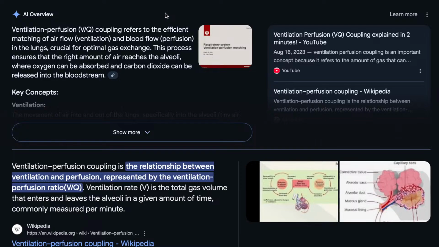Like, for example, let's say you were getting good ventilation, but you didn't have good perfusion. You would not have a lot of oxygen. You would get hypoxia. But if you had bad ventilation and a good perfusion, you would still not be getting enough oxygen.